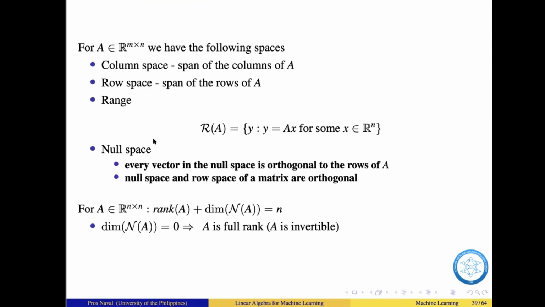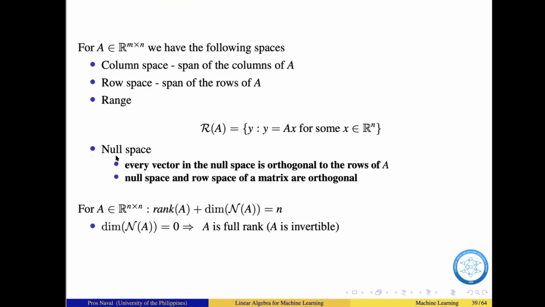That is your column space. Then we also have the row space, which is the span of the rows of A. Now the range of A is just the set of y's such that y is equal to Ax for some x in Rn. That is, of course, the definition of your range.